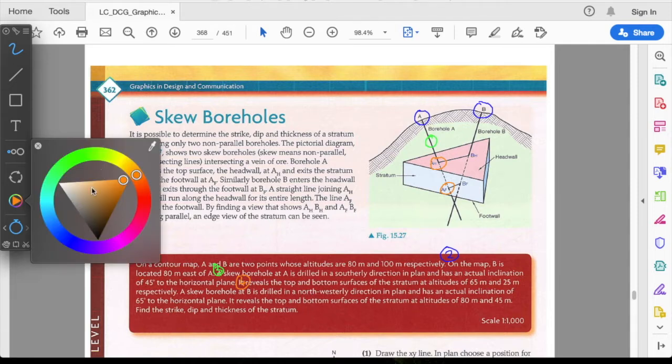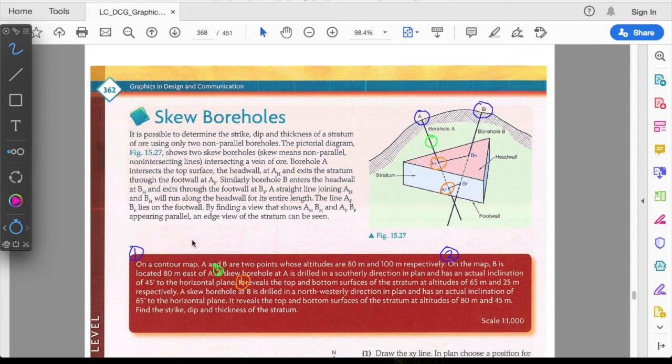The next bit then is we have a skew borehole from B drilled in a northwesterly direction in plan and has an actual inclination of 65 degrees to the horizontal plane. That is our 5th piece of information. So that is giving us the borehole here. So we have the 5th piece giving us the angle that this is being cut down at.